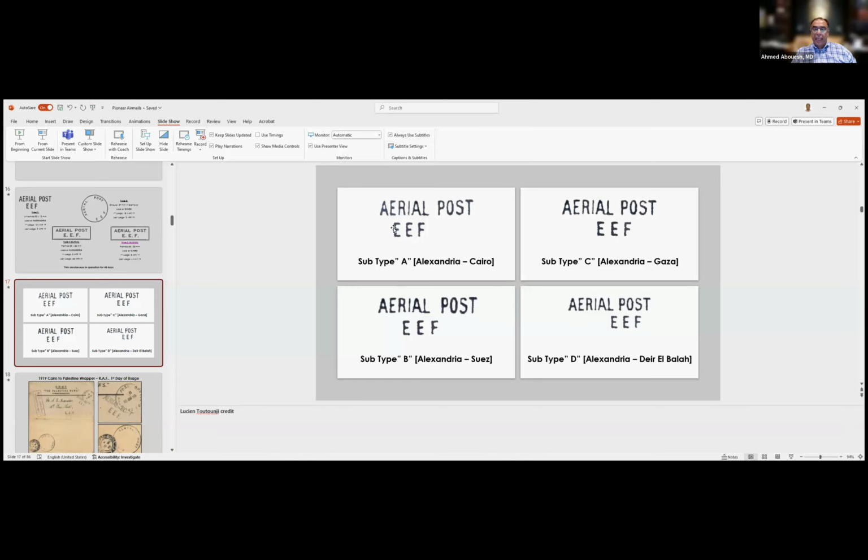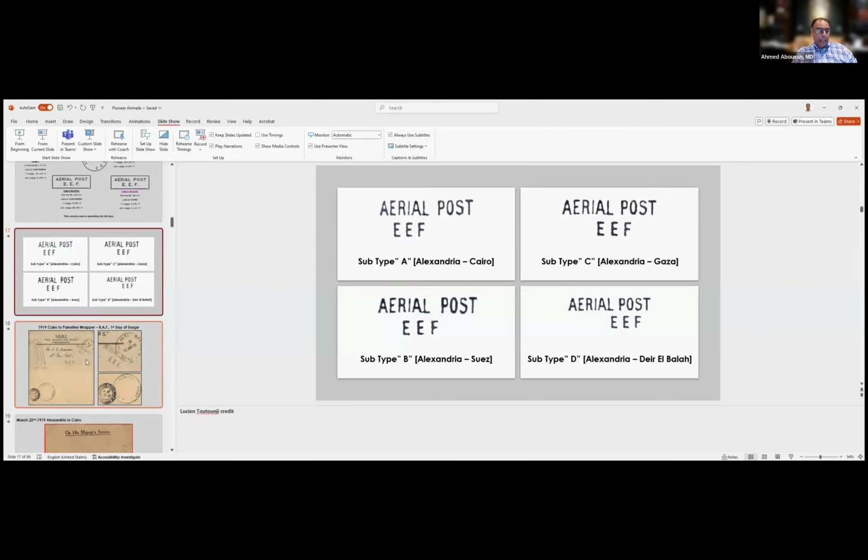And you'll notice that it shifts. The association was: mail from Alexandria to Cairo was subtype A. Subtype B was Alexandria to Suez. Subtype C, Alexandria to Gaza. And subtype D, to Deir el-Balah in Palestine.